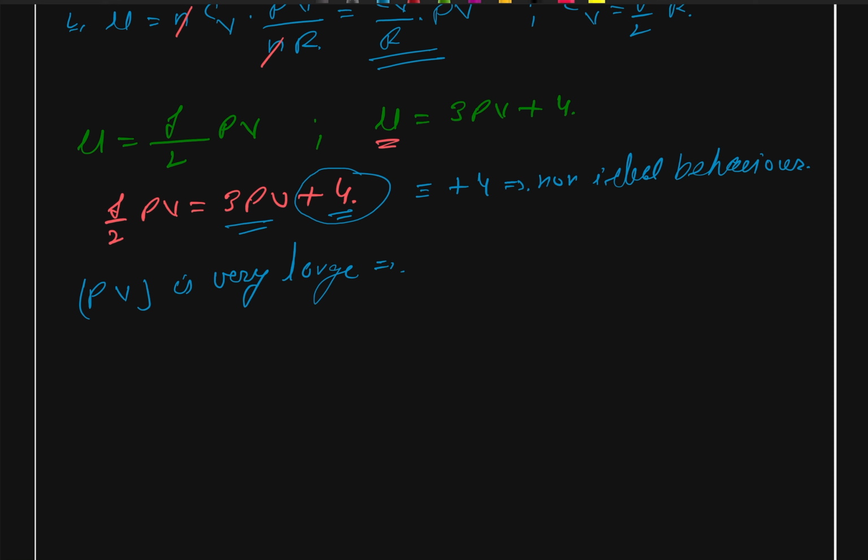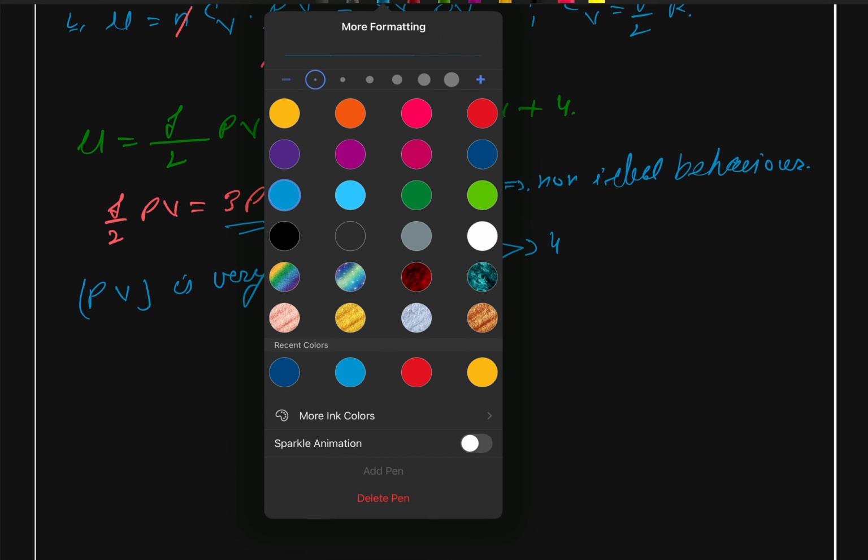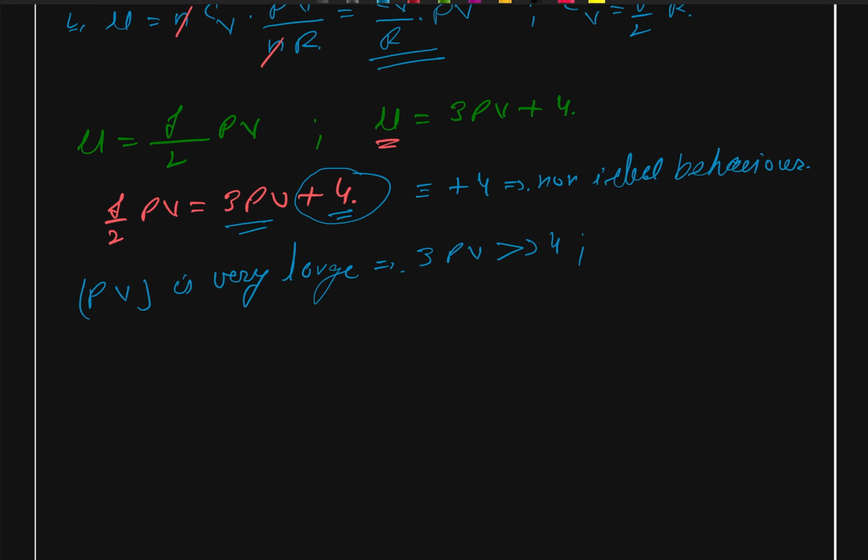So we can say this 3PV will be much larger than 4, so 3PV plus 4 will be approximately equal to 3 times PV.